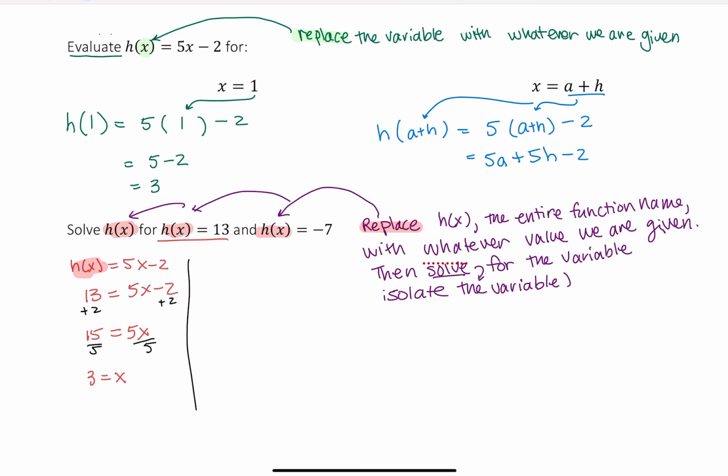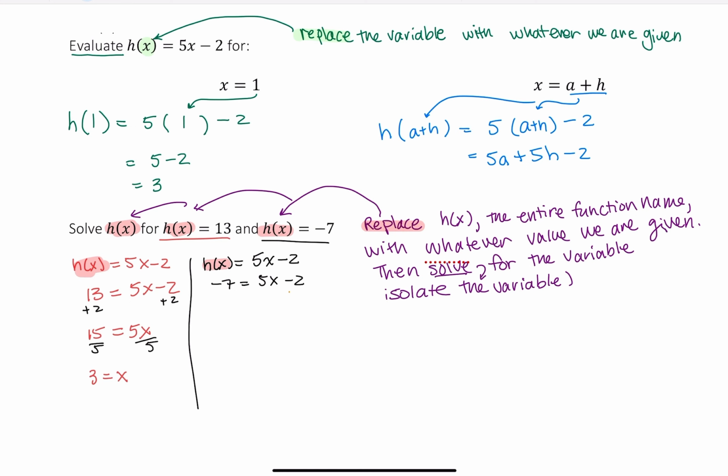Now let's do this again. And this time, let's go ahead and do this for h of x equals negative 7. So h of x, oh, and that's negative 7, excuse me, equals 5x minus 2. We're going to go ahead and replace this with the negative 7 equals 5x minus 2.